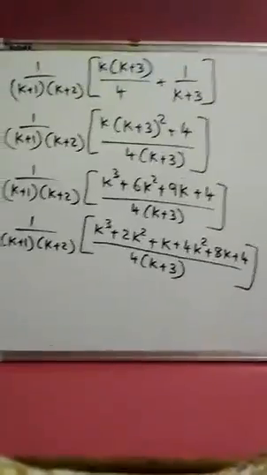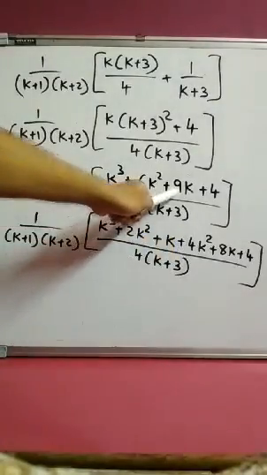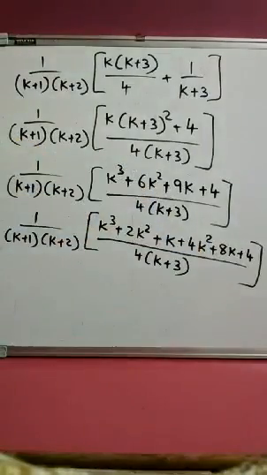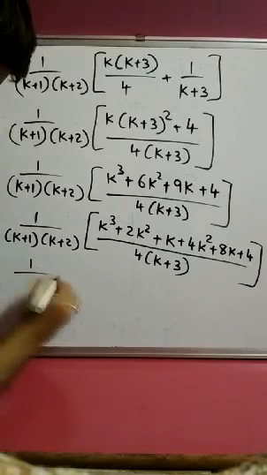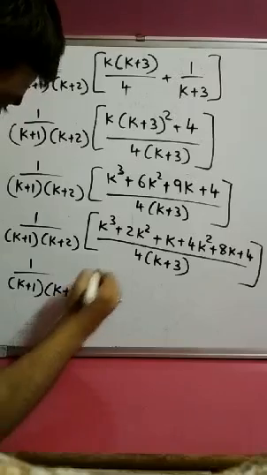Okay, so what I have done, I have just separated over here 2k square plus 4k square, so 6k square, and 9k, so k plus 8k, so it is 9k, right? Why I have done this? Because see, now listen, here what will happen, that is k plus 4, if I separate, see, I will do one thing, 1 upon (k plus 1) into (k plus 2).